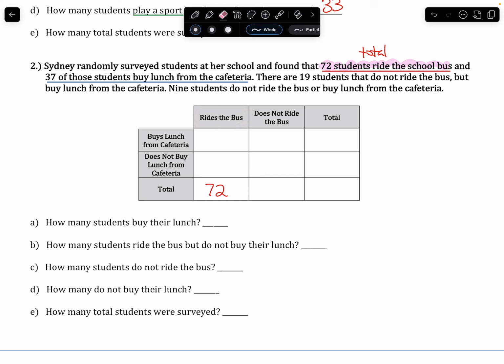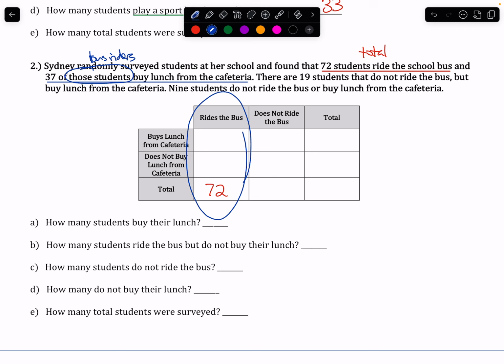Now the next piece of information says 37 of those students, referring to the bus riders, buy lunch from the cafeteria. So in that same column, rides the bus, 37 of those kids buy lunch from the cafeteria.